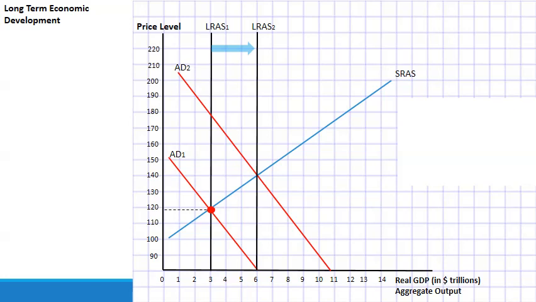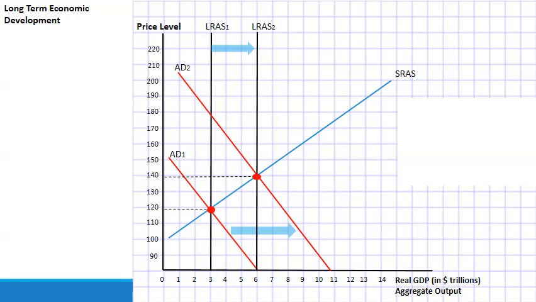So if we look at the first one, we saw that the price level at LRAS was 120. And now over time it's going to increase and become 140. The reason for that is that aggregate demand will shift over time as the supply of money increases.